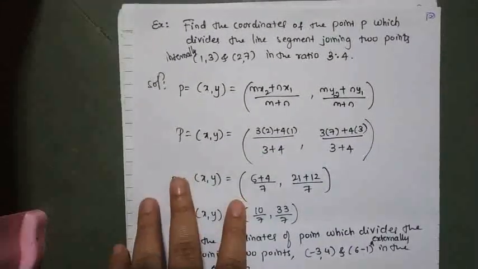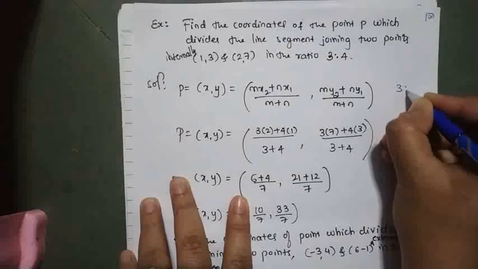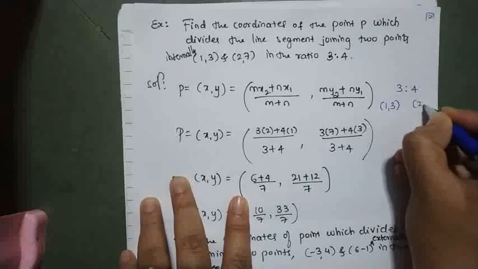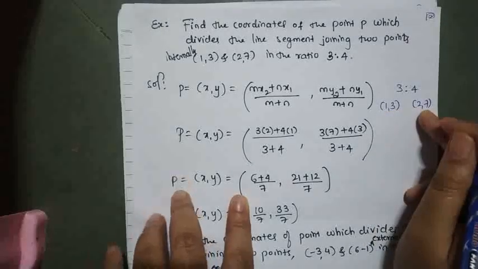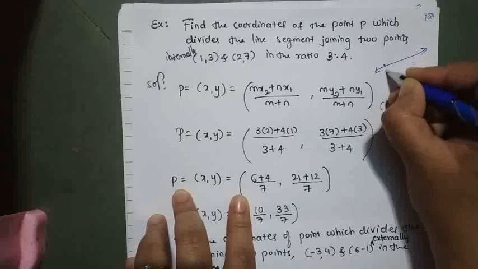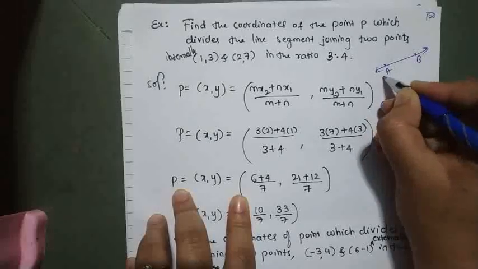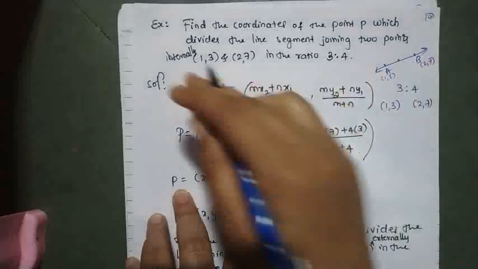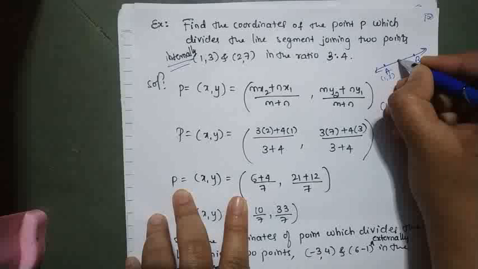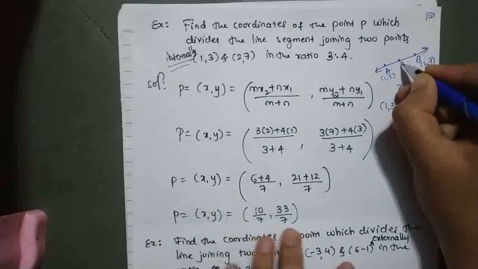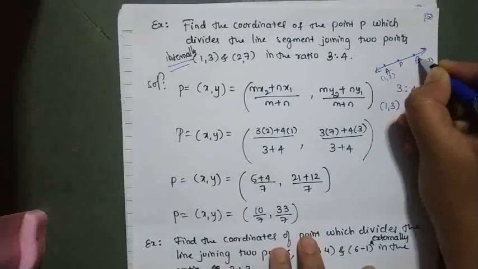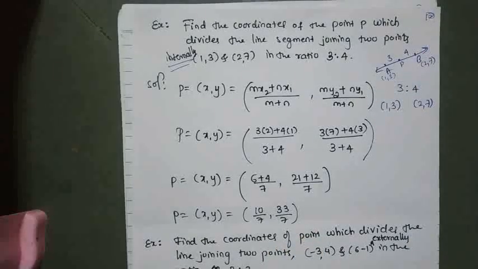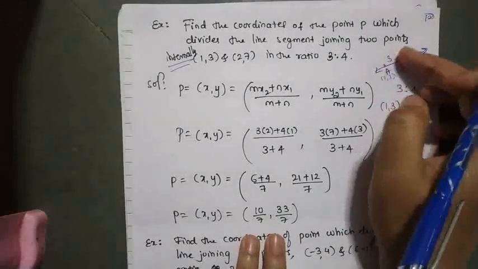That ratio is 3:4 and coordinates are 1, 3 and 2, 7, the given points of the line segment AB. The point of division is internal. Point P divides the line segment AB internally in the ratio 3:4. AP is to PB is 3:4.